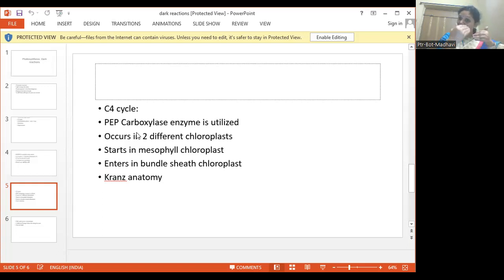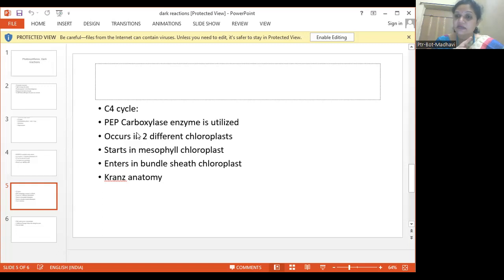That is the most important one in this. They can start this process with less availability of water and less carbon dioxide. Both the C4 cycle and the C3 cycle can be seen in the plant body, so much more food is going to be prepared by this process. That's the most important one.